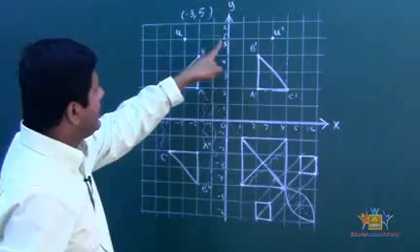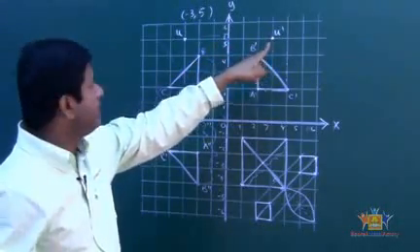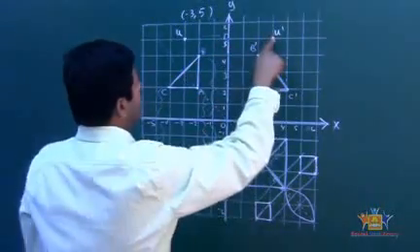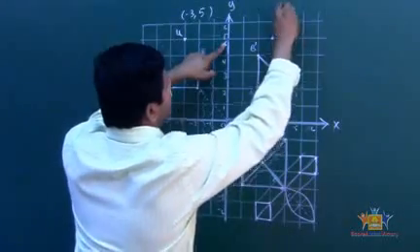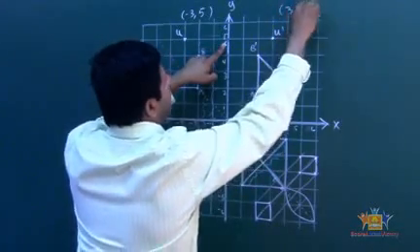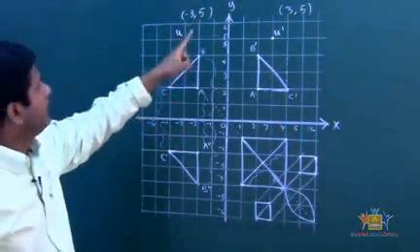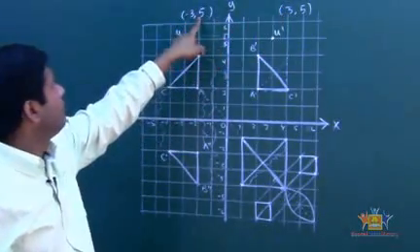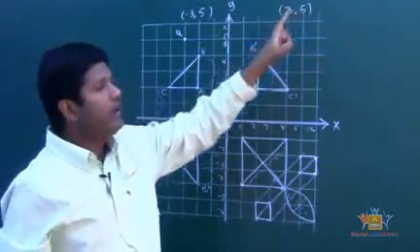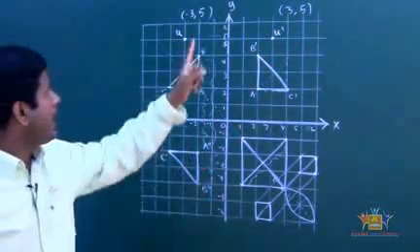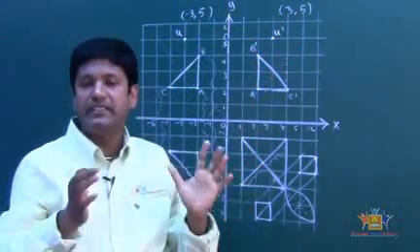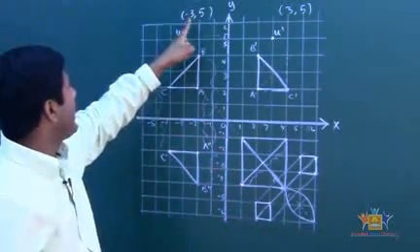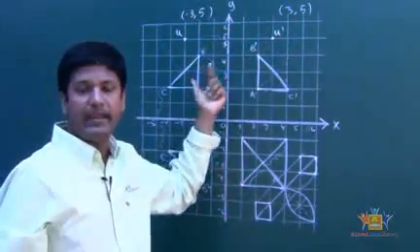Now, let's find what the image of U is. (3, 5). See that? Now look at that. Negative 3, 3. Positive 5, 5. The y coordinate pretty much stayed the same. Only the x is the one that changed from negative to positive.